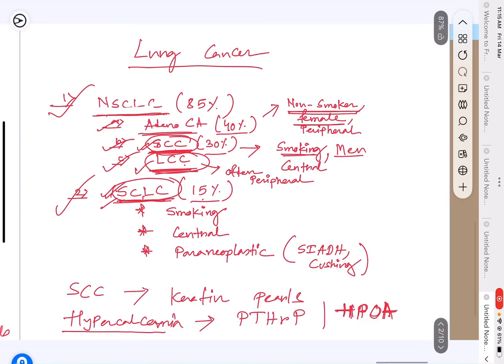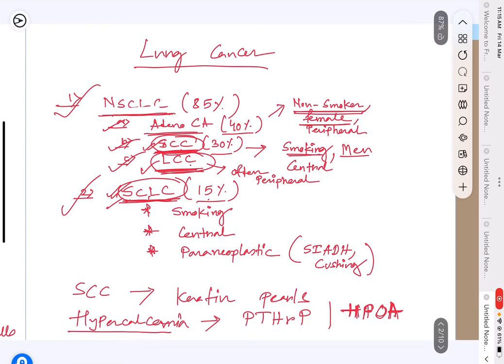SCC: smoking and men. Adeno-CA: non-smoker, female.